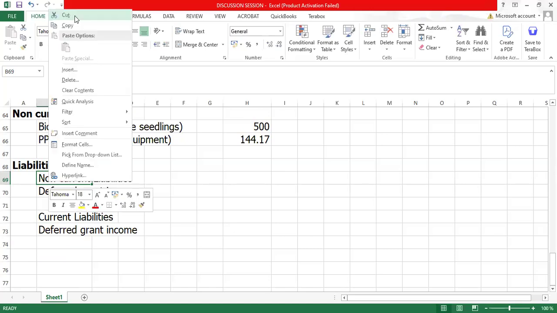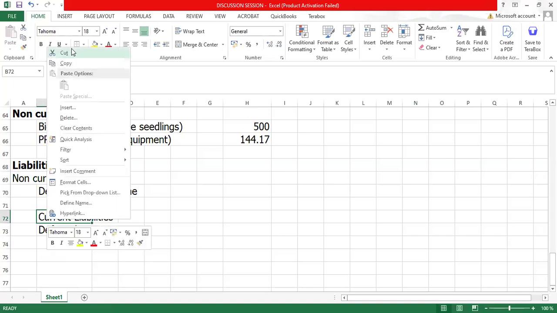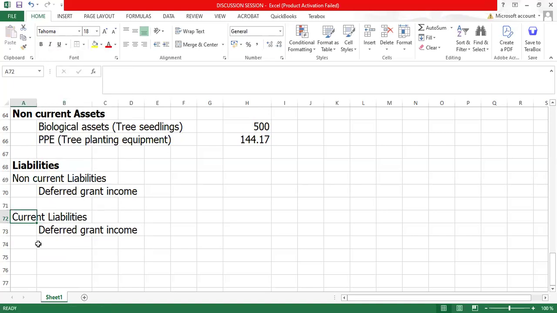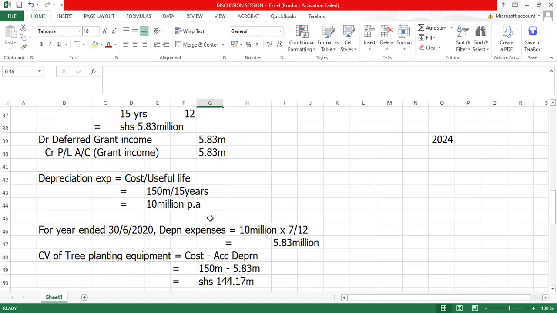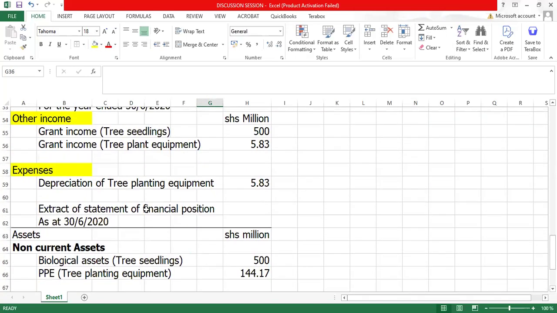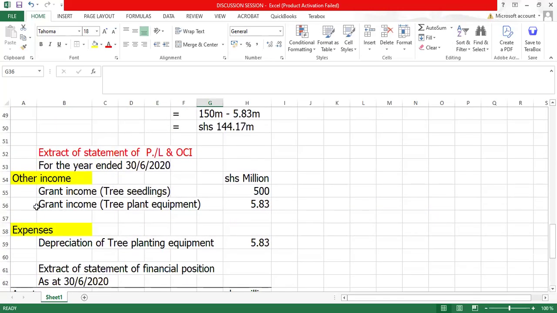Okay, how are you going to get the figures? It's very easy. It is 150 million divided by 15. So it means that each year you should be recognizing this per year. However, when you observe for this year, you recognized the grant income.